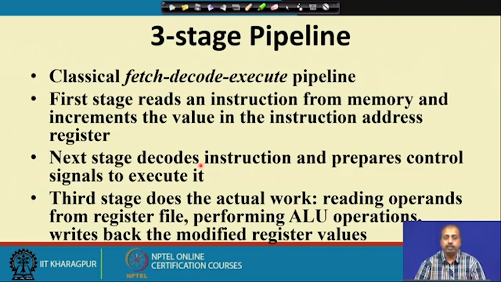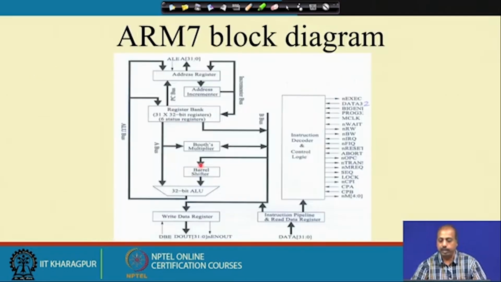The first stage is the fetch. The second stage is the decode. Decode will decode the instruction. It will understand the meaning of the opcode and prepare the control signals accordingly. If you look into this diagram, after the instruction has reached here, it goes to this instruction decoder and control logic, and it generates a number of control signals for various modules that we have here.